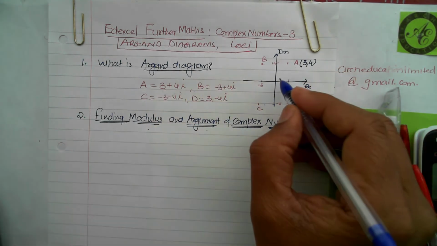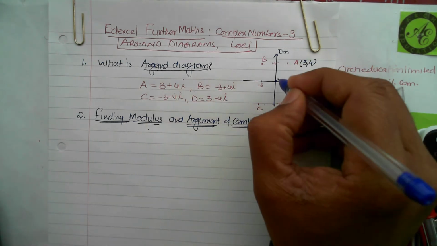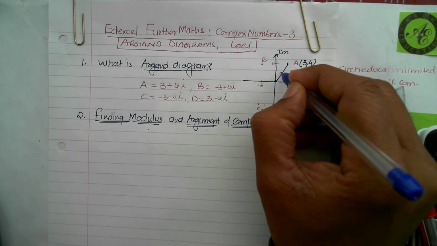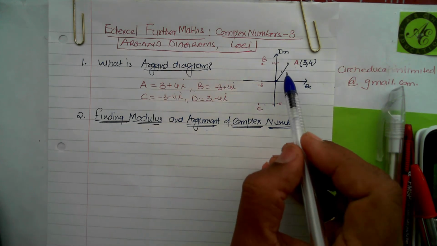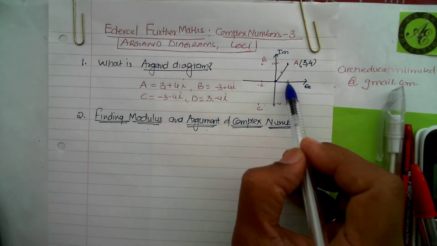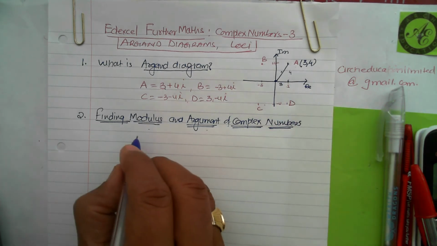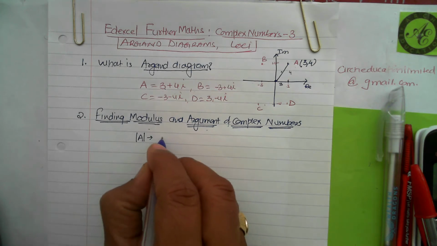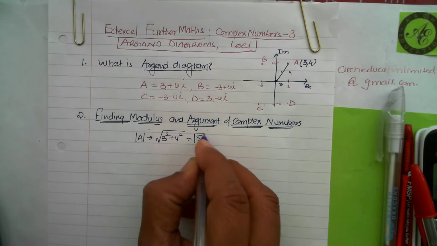If I have to find the modulus of this complex number A, it is the distance of this point from the origin, which you can relate to the normal number system. That's a 3, that's a 4. So the modulus of A would be the square root of 3 squared plus 4 squared, which is 5.